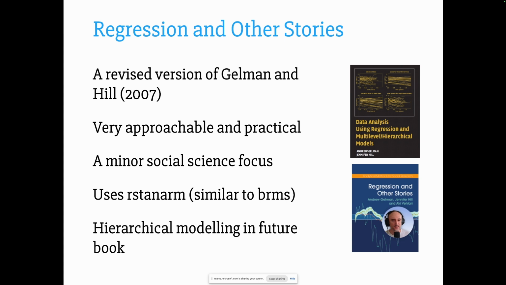It is focused slightly on social science and political science because that's the background of Gelman and Hill, but still very useful as a non-social scientist or political scientist. Very readable, very practical on how to think about data analysis. It uses rstanarm, not brms, but the principles are the same, and there's lots to learn from that book.